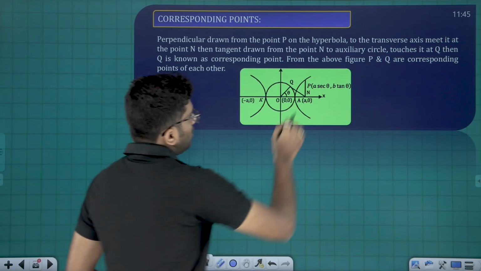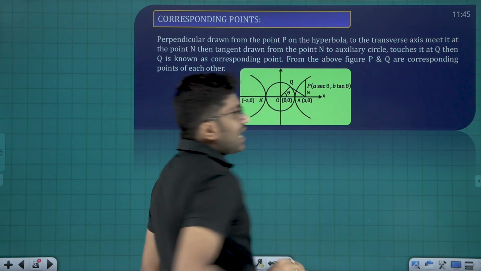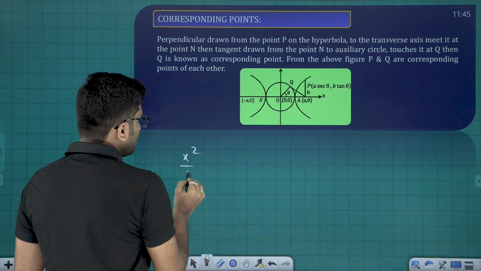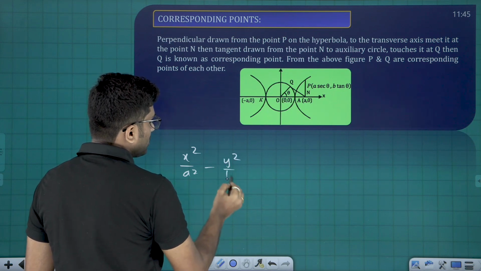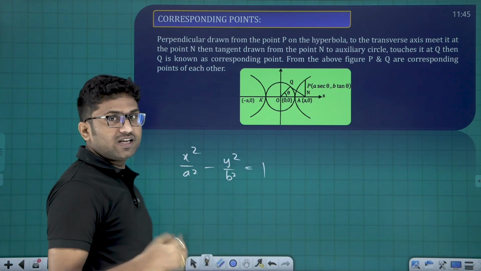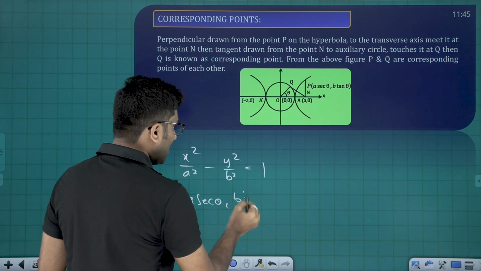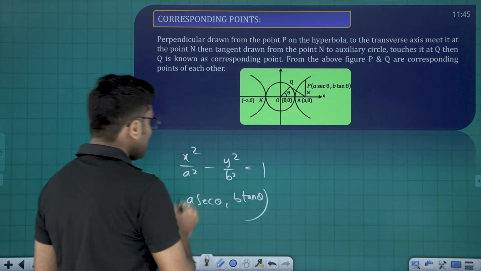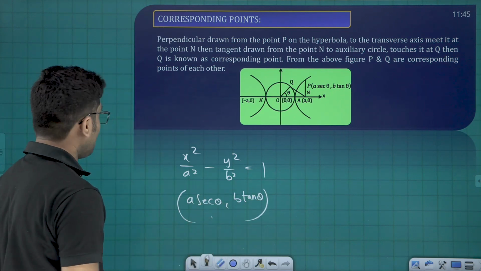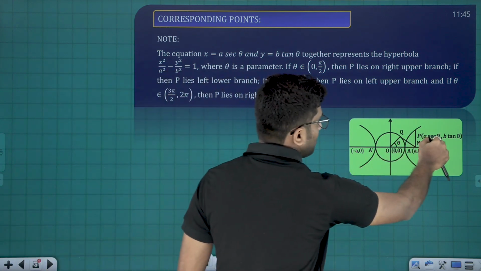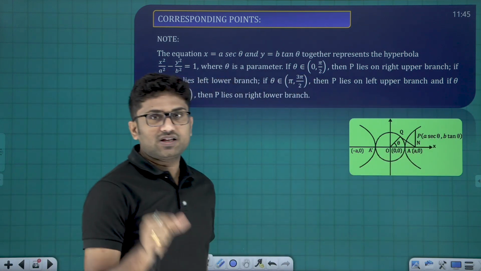Next, A secant theta, B tan theta are the parametric coordinates. X square by A square minus Y square by B square is equal to 1 represents the equation of hyperbola. Then A secant theta, B tan theta are the parametric coordinates of any hyperbola. Depending on this theta, friends, we say in which quadrant the point lies.